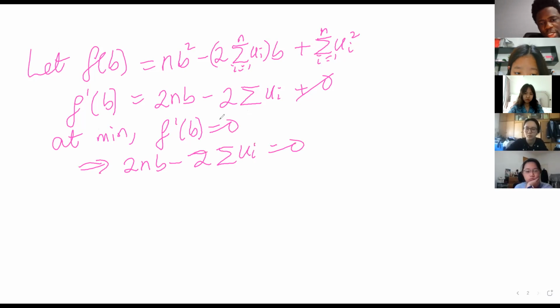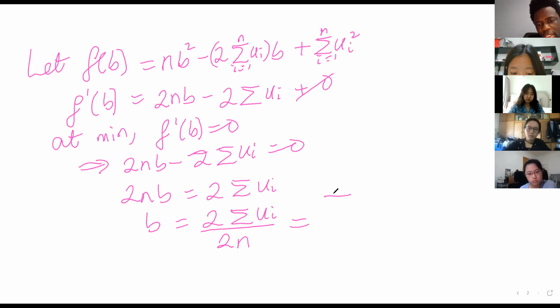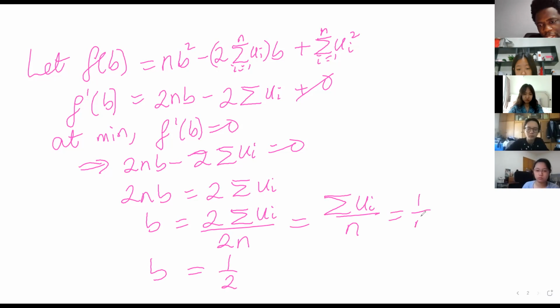If you want to make b the subject, this goes away and you divide. 2nb is equal to 2 times that, then your b will be 2 sigma ui divided by 2n, which is more or less sigma ui divided by n, isn't it? And that is simply 1 over n sigma ui. This is like your u bar. Do you agree?